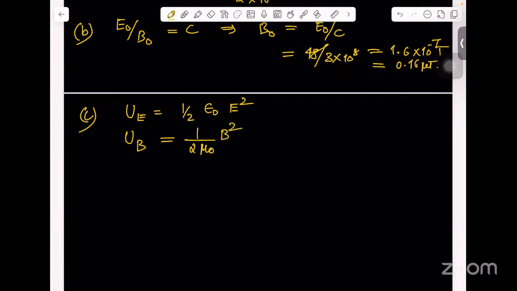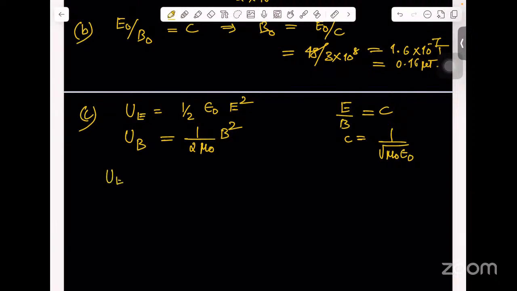Okay. Now, we know two relations that E upon B is c and c equals 1 upon square root of mu naught epsilon naught. Okay. So if I take UE upon UB, I'll get epsilon naught mu naught, into E squared upon B squared.